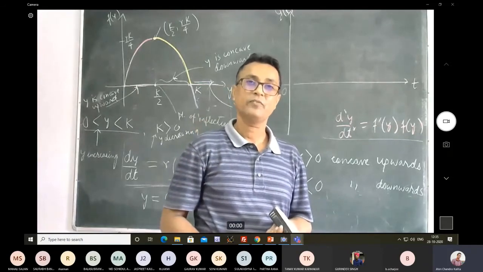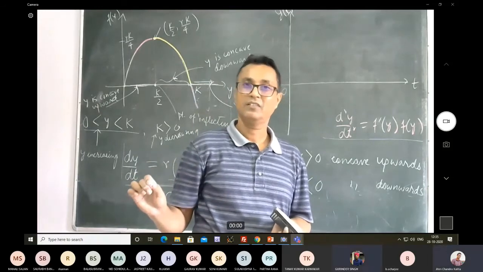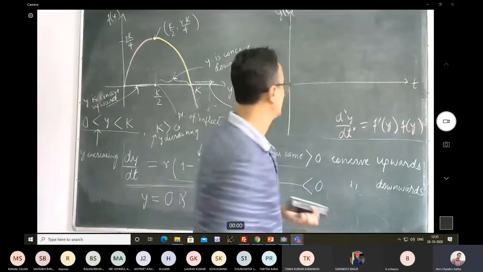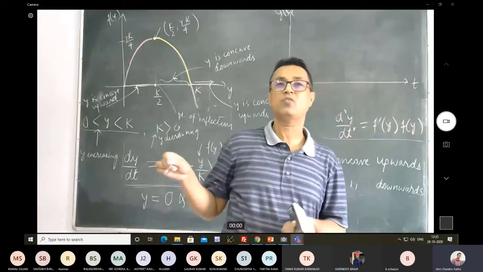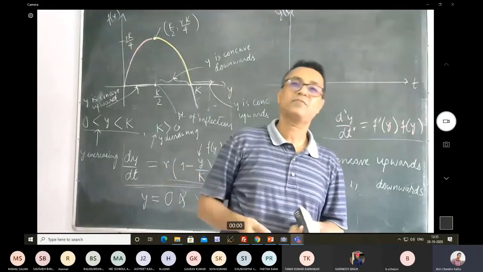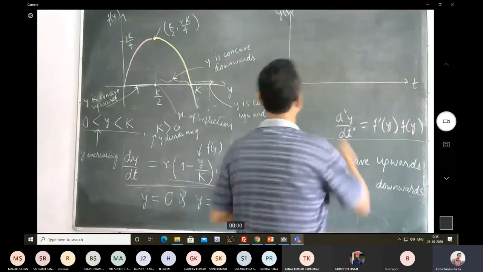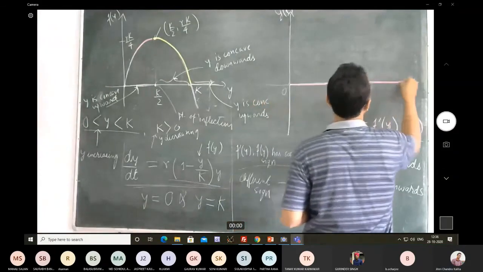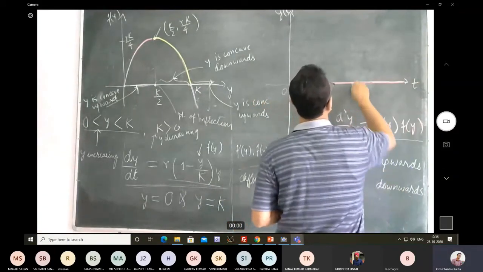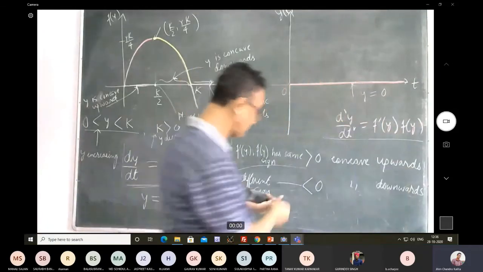They are constant solutions, isn't it? So throughout the evolution, as t tends to infinity, if you start with a particle, it is going to remain there only. Okay, this is my y equal to 0.